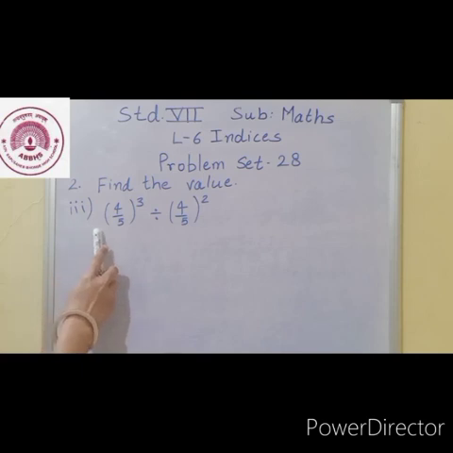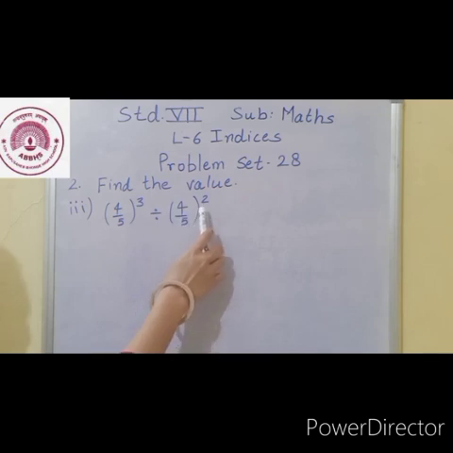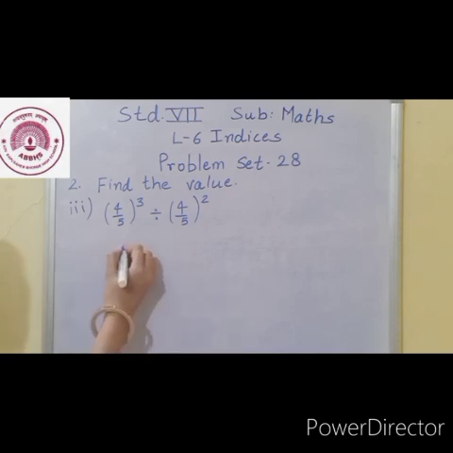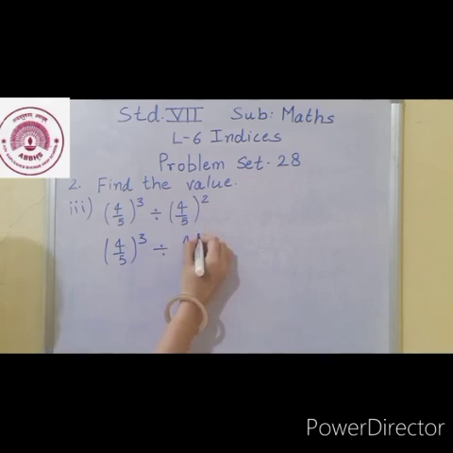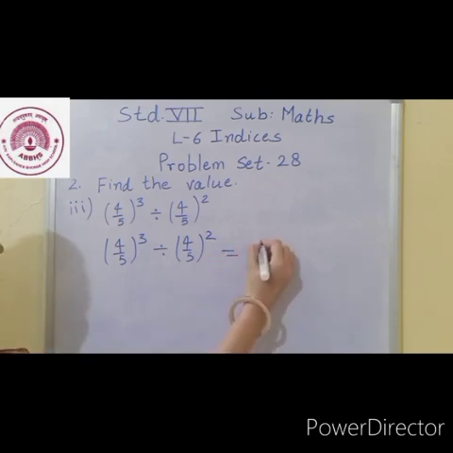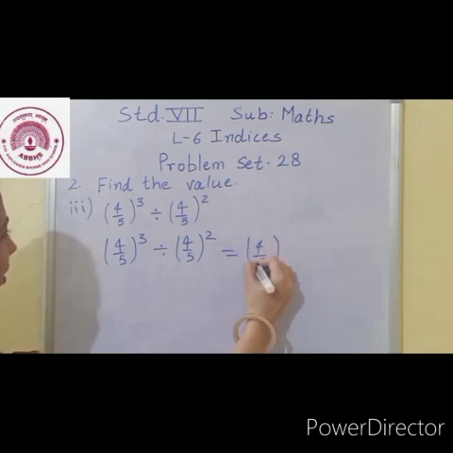Now, third part is 4 by 5 raised to the power 3 divided by 4 by 5 raised to the power 2. Now tell me, what is the base in these two index forms? Yes, base is 4 by 5. According to the rule, it can be written as 4 by 5 raised to the power 3 minus 2.